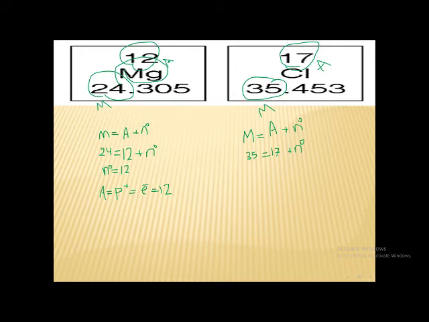So the number of neutrons here will be the mass number minus 17. So 35 minus 17, yes, that will give you 18 neutrons.